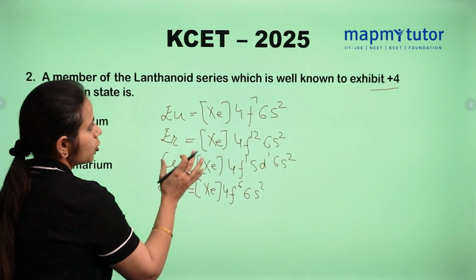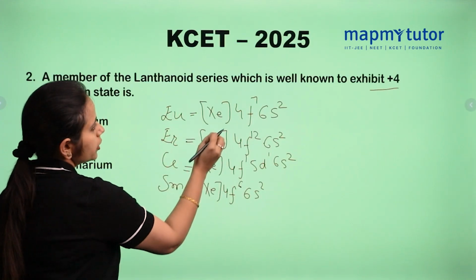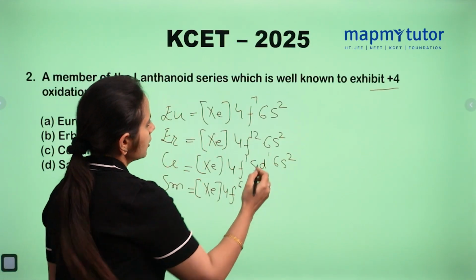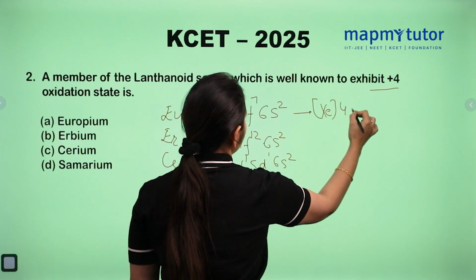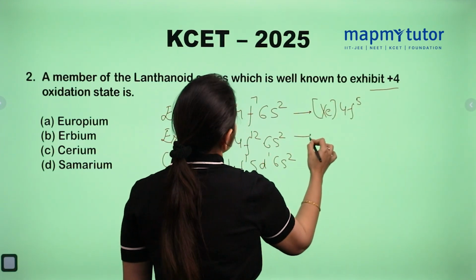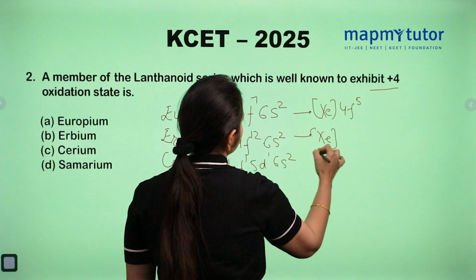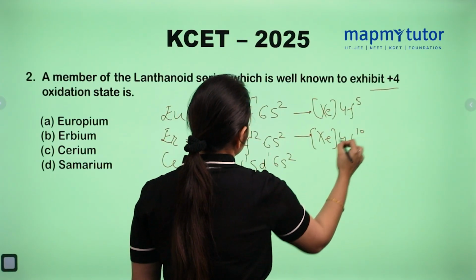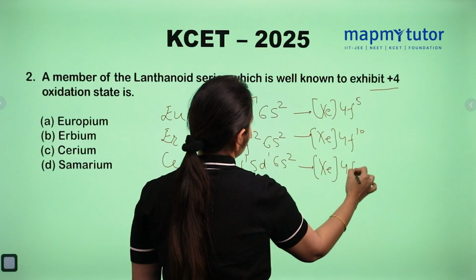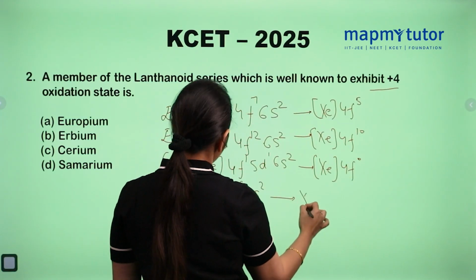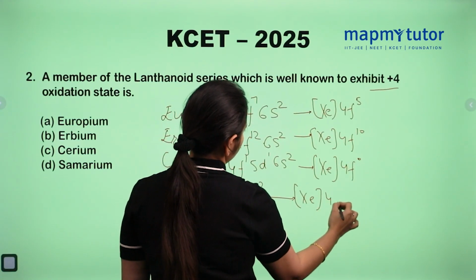He is talking about +4 oxidation state. So from all the elements, we need to remove 4 electrons. What will it become? It will come out xenon 4F5, xenon 4F10. For cerium it will come to xenon 4F0, and for samarium xenon 4F4.